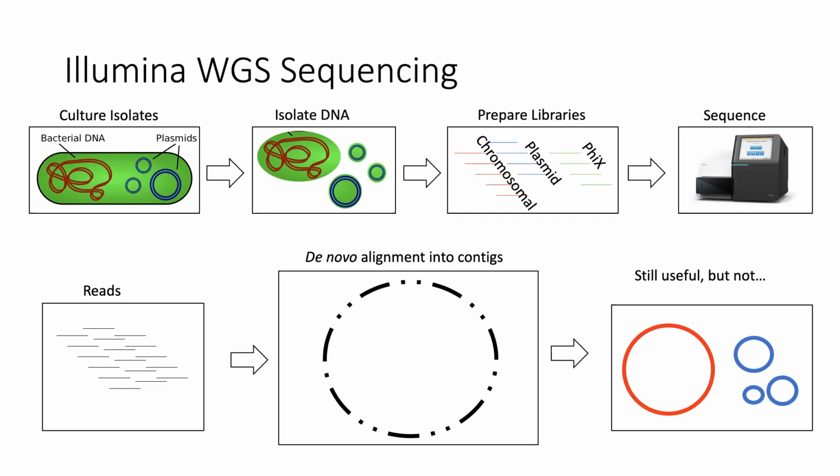Contigs are smaller portions of the genome, and they're not circular. And when we're at this contig stage, we don't necessarily know what's chromosomal, and we don't know what's plasmid. And ideally, we would like to know what's chromosomal and what's plasmid. We want to know, when we're looking at a gene, where it is in the genome.